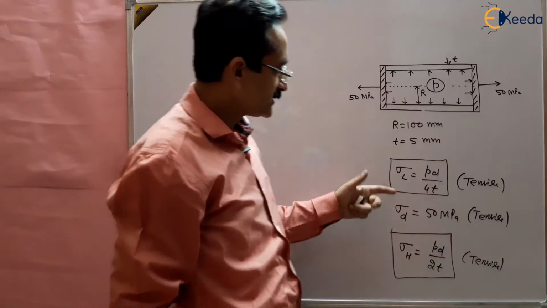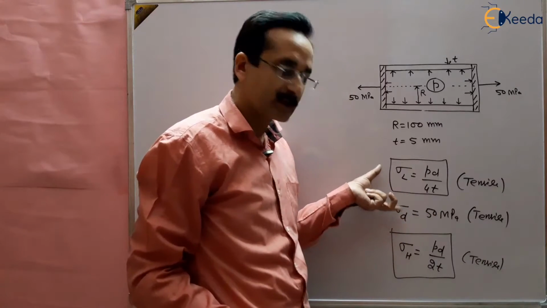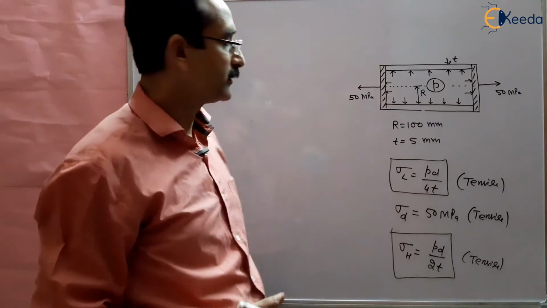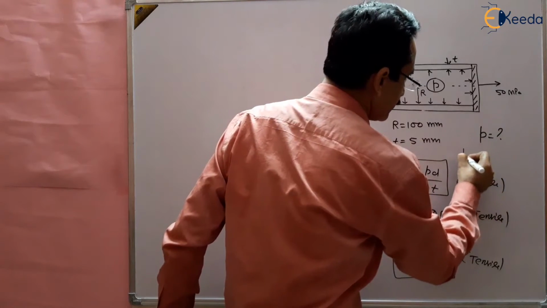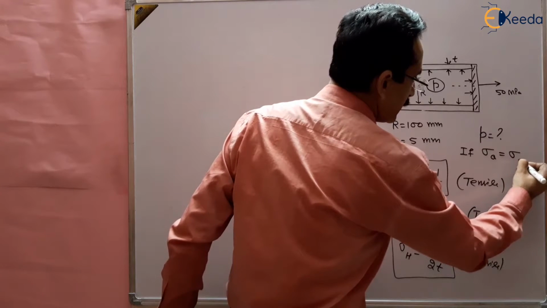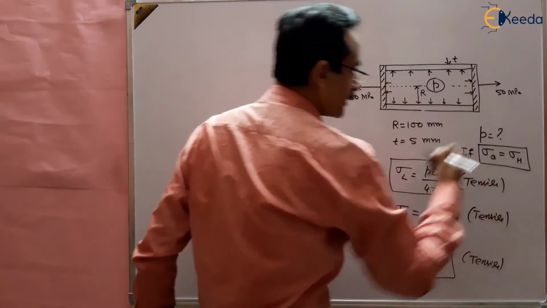So due to these stresses, it is also given that the axial stress and hoop stress are equal. We have to find out the pressure P if sigma axial equals sigma hoop, circumferential. This is given to you.